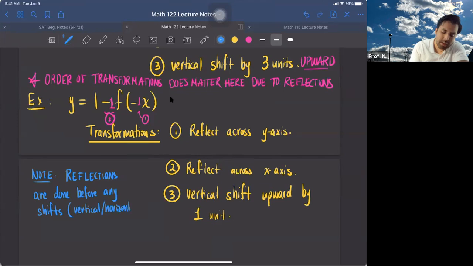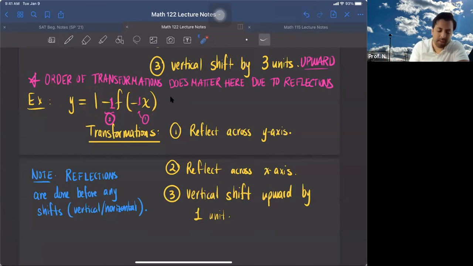And the reason why is because first of all, it would go against the PEMDAS, the order of operations. We always apply, for example, parentheses, exponents first, right? So usually these parentheses are done first. And then we do everything outward. And then the vertical shifts, of course, are adding or subtracting on the outside. So those are like the last things we do.